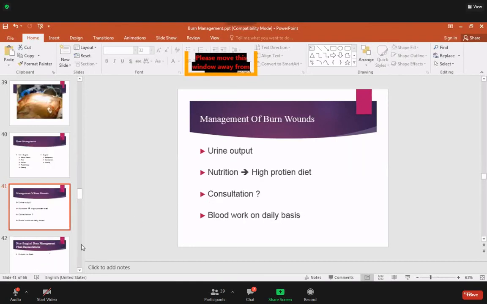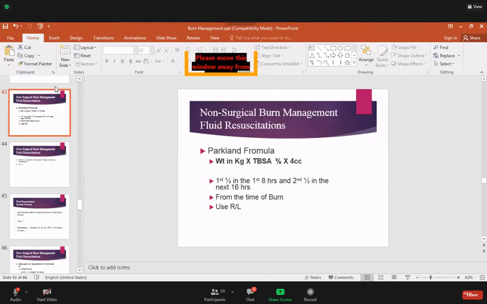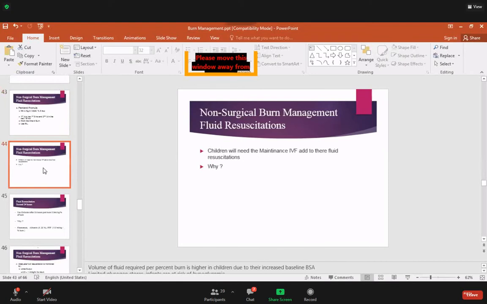Fluid resuscitation. Can anyone tell me how much fluid we should give to these patients? How do we calculate the fluid need for these patients? Doctor, we use 2 ml multiplied by the percentage of body surface involved in the burn.